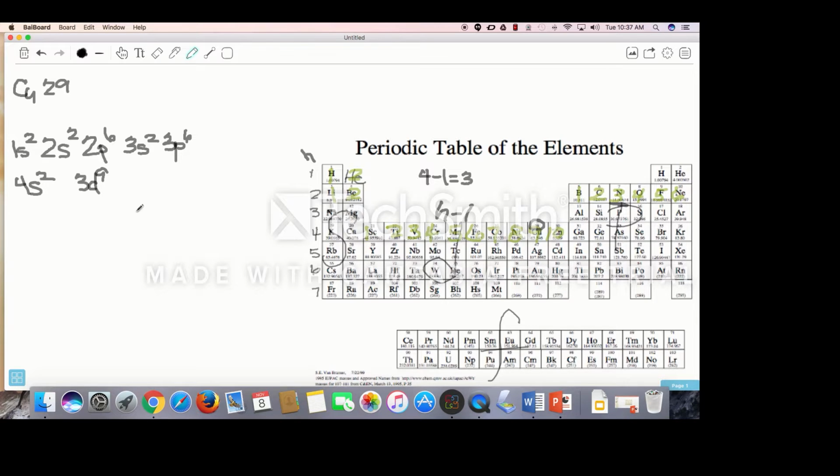Now, one of the things that you need to make sure that you do as your final answer when you have to write these electron configurations is to make sure that you put them in order by principal quantum number. Remembering that the principal quantum number is that number at the front that represents the main energy level.